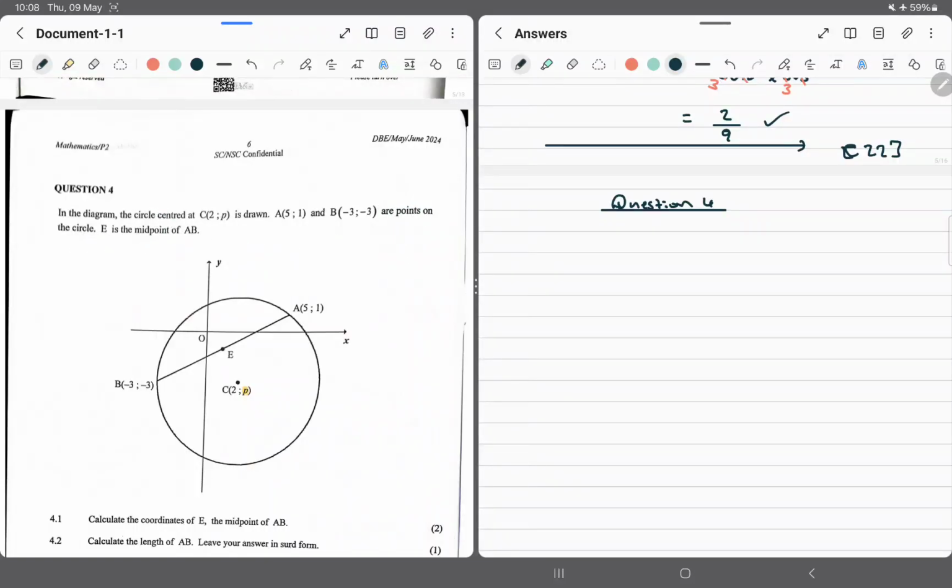E is the midpoint of AB. So if it is the midpoint, it means now that AE is equal to BE. That's not a big deal.